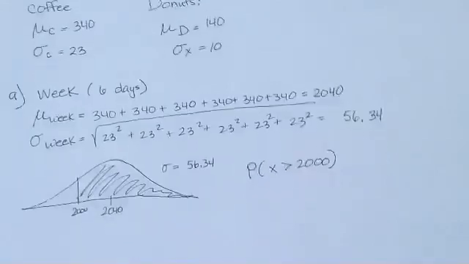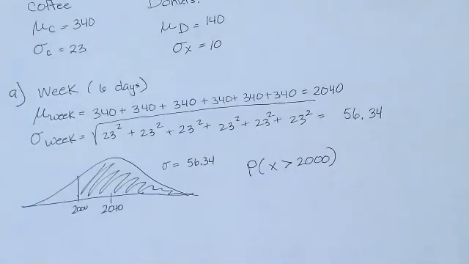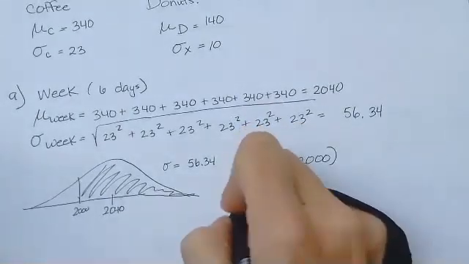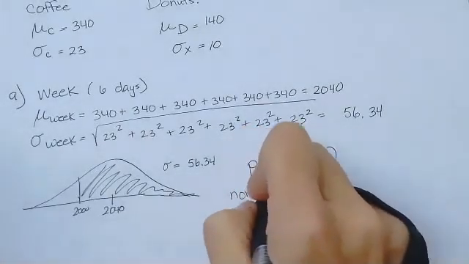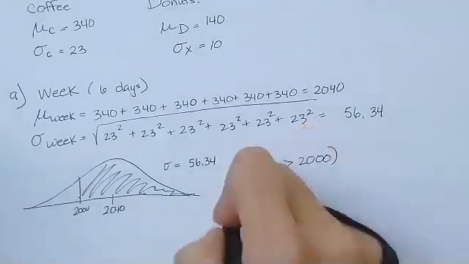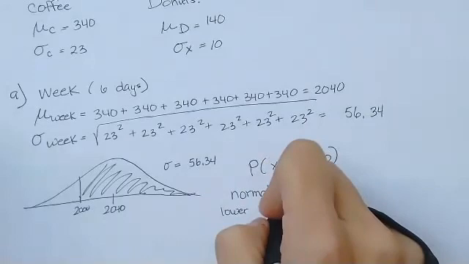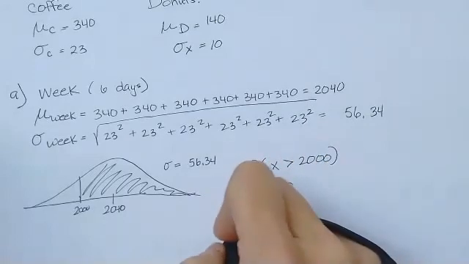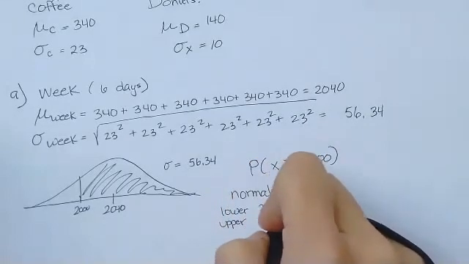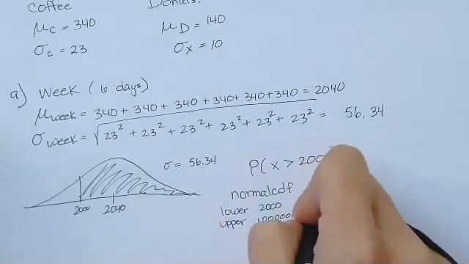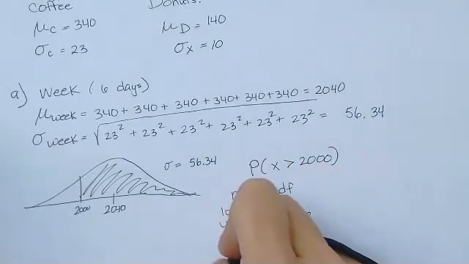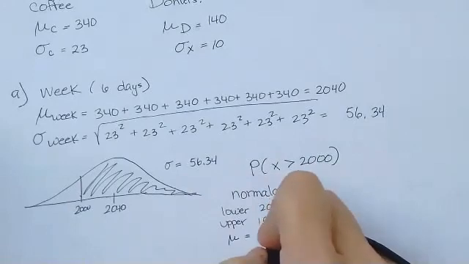Since it is a normal model, you can type this into your calculator using normal CDF. My lower would be the 2,000. My upper would be just a really, really big number. My mean is 2040.